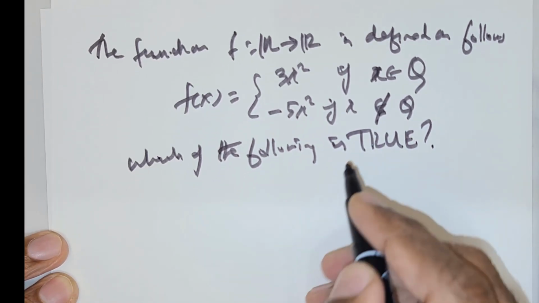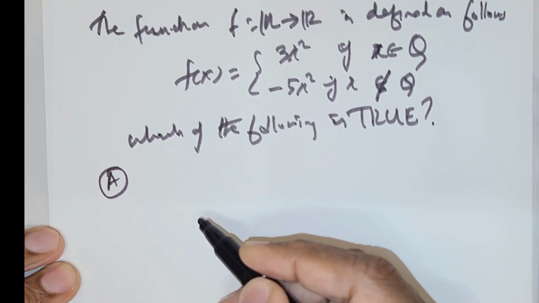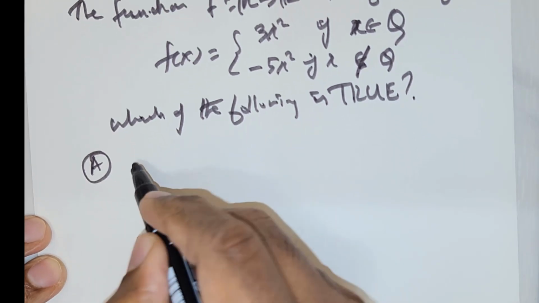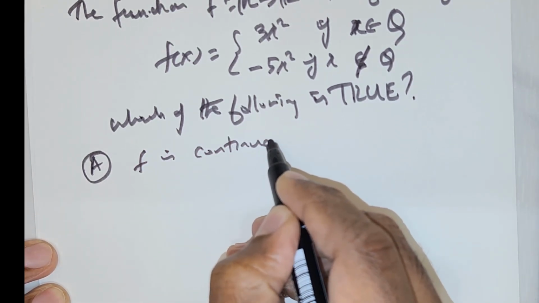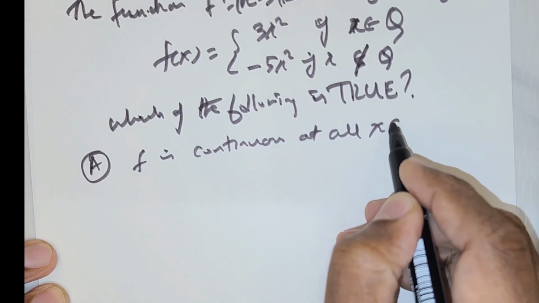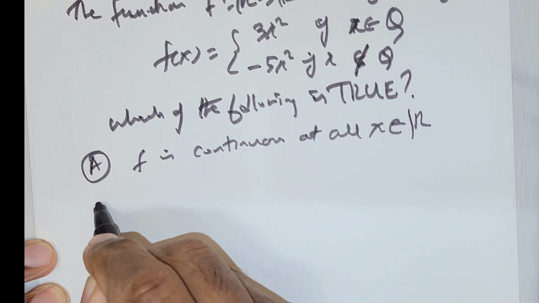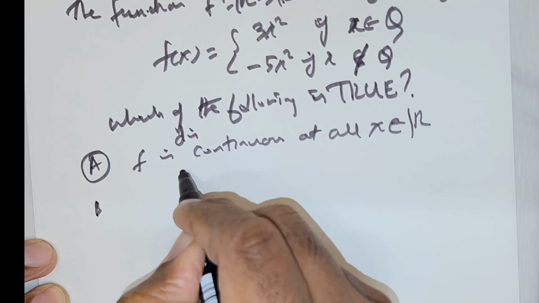Okay, they are just asking which is true, so only one choice is going to be the required choice. A: f is continuous at all x element of R. Oh, it's not continuous, it's discontinuous. B: f is discontinuous.